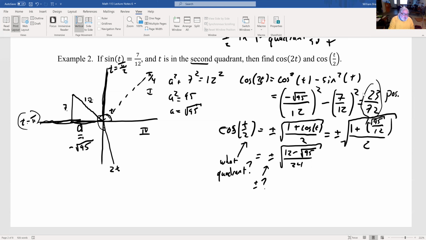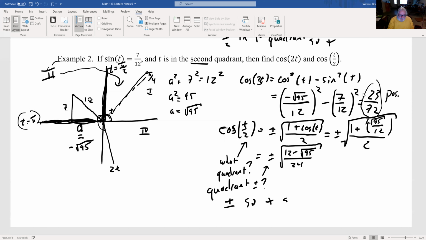So any angle in here, in the second quadrant, if you cut that angle in half, well, this part becomes that part, and this boundary becomes that boundary. So this entire quadrant gets mapped into here. So cosine of t over 2 is in quadrant 1. So positive sign.